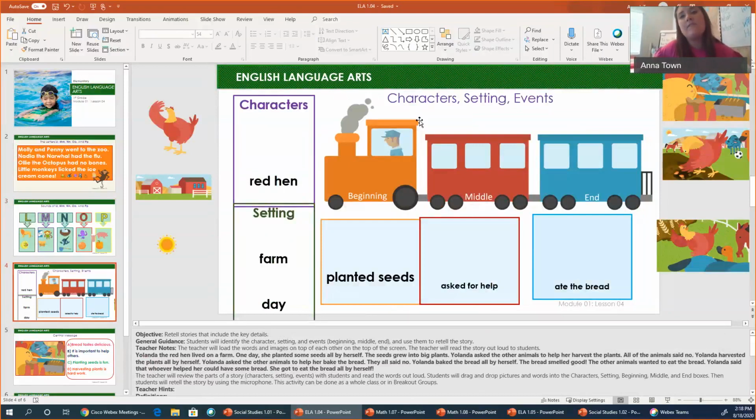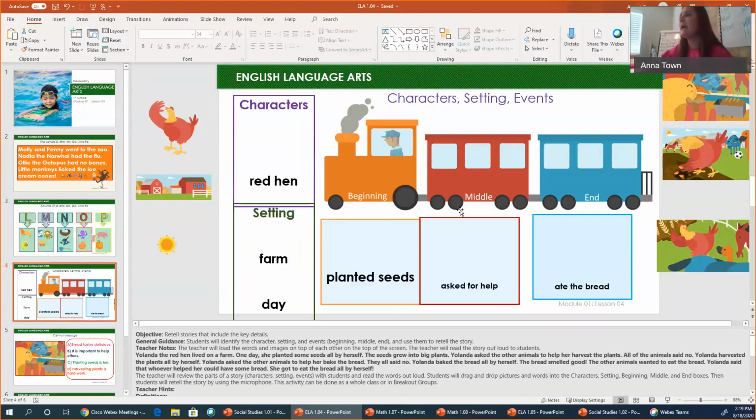Okay, boys and girls, yesterday we talked about characters, settings, and events. Events is the order of events from the beginning, middle, and end. What happens in a story? It's also called sequencing the story. Our characters answer the who question. So who is the characters, and those are the animals or people in a story. The setting answers the where, which is the location of the story, and the when, which is the time the story takes place.